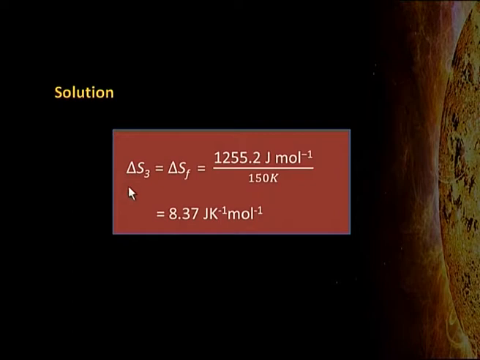Delta S3 will be equal to delta S fusion, which is equal to 1255.2 joules per mole divided by 150 Kelvin, which will come out to be 8.37 joules per Kelvin per mole.